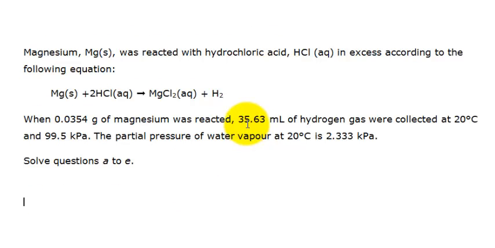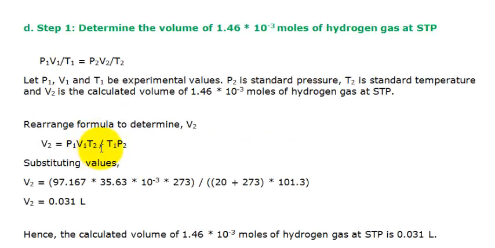It is 35.63 milliliters. Now we need to convert this value to liters by multiplying the value by 10 to the power of negative 3. T2 is the standard temperature.